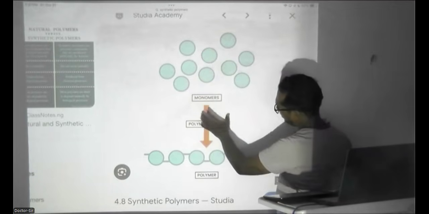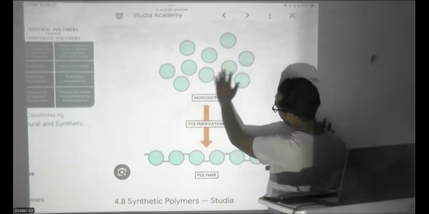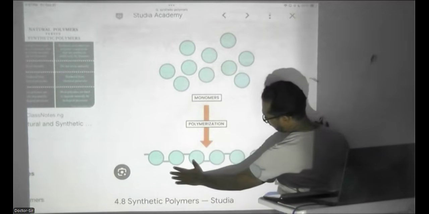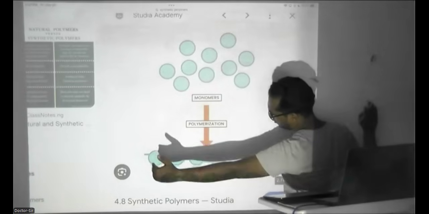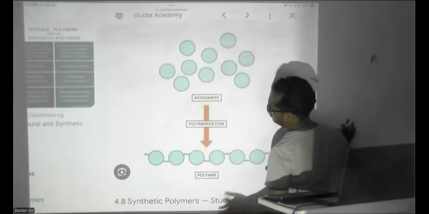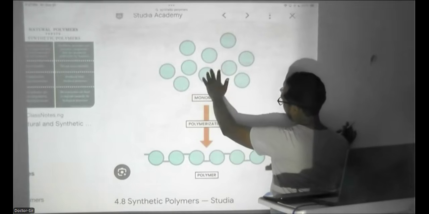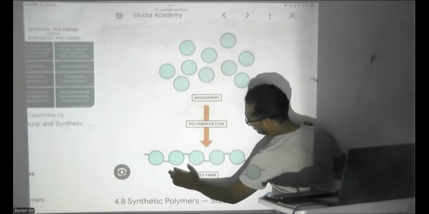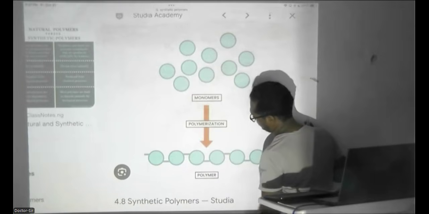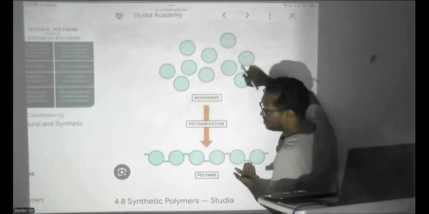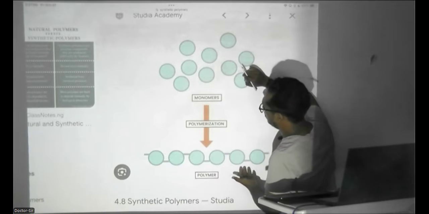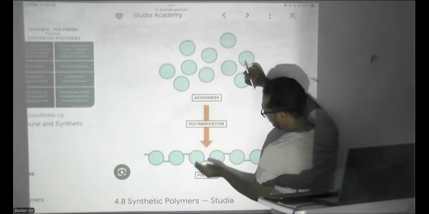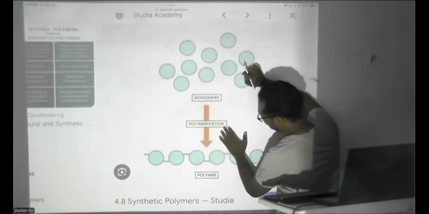So how does polymerization happen? The single units collect together with bonds, forming a very large number of molecules together, forming polymers. Millions of monomers are included in one polymer. This process of monomers converting to polymers we call polymerization.